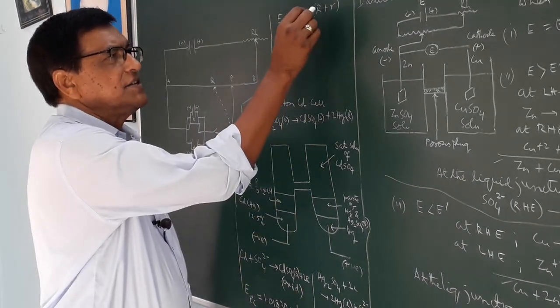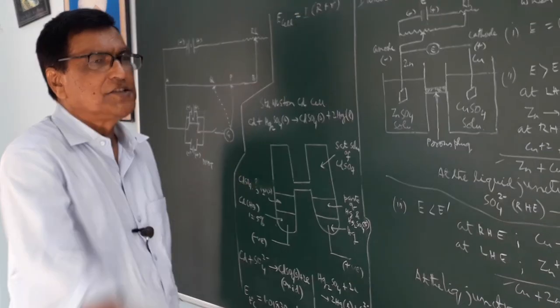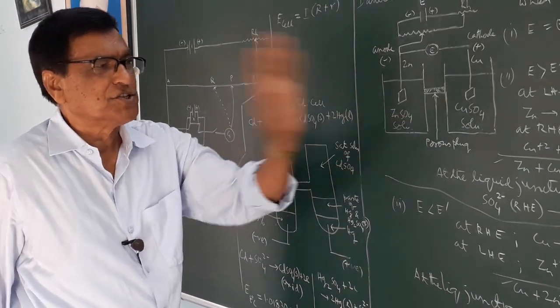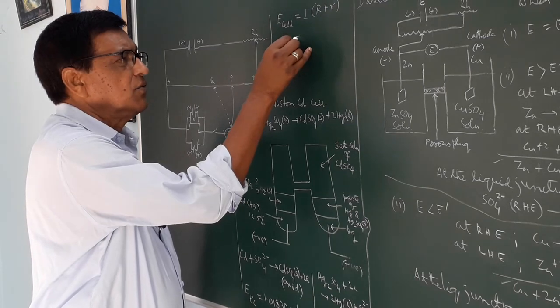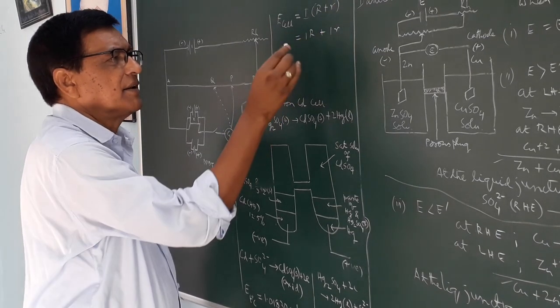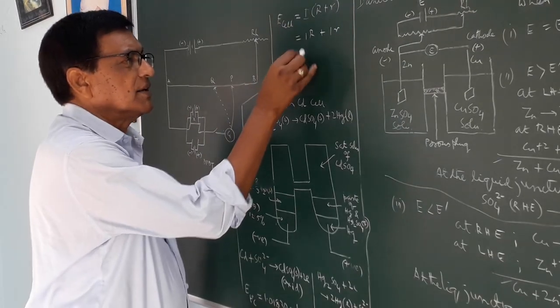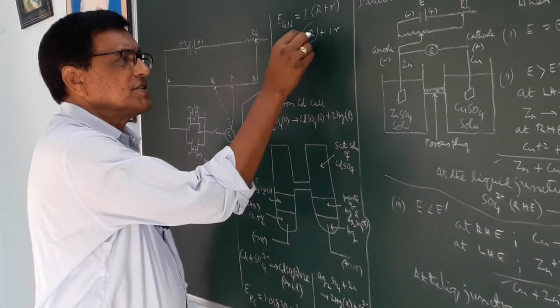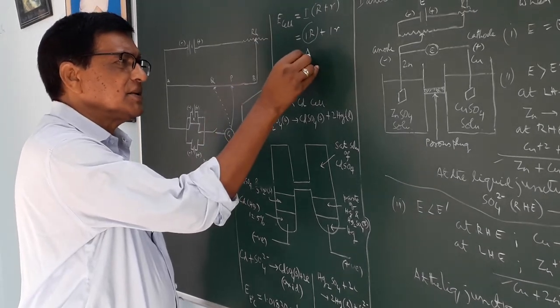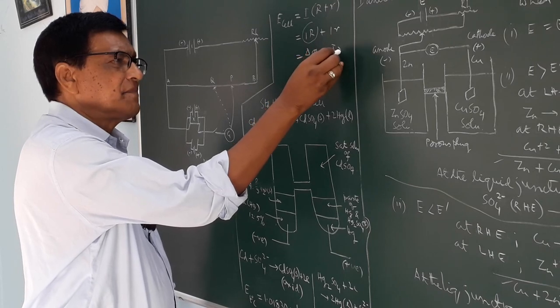This R is the resistance of this voltmeter, and small r is the internal resistance of this cell, and this is equal to IR plus I small r. I is the current strength, and R is the resistance of this voltmeter. This one is the potential difference plus Ir.